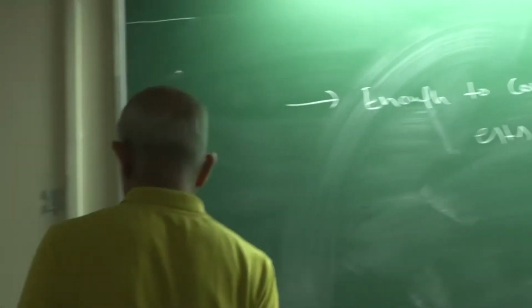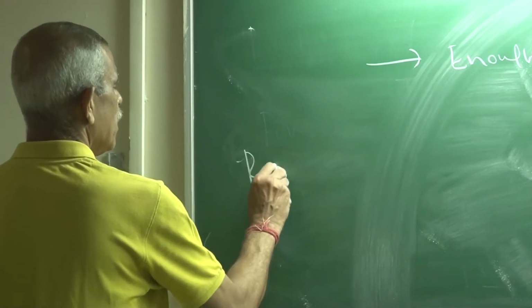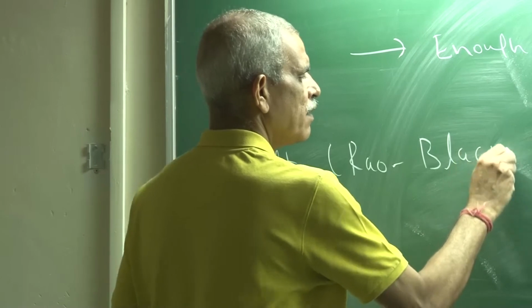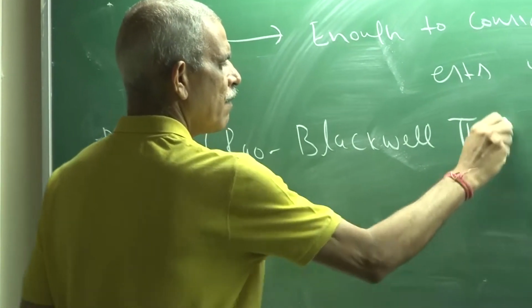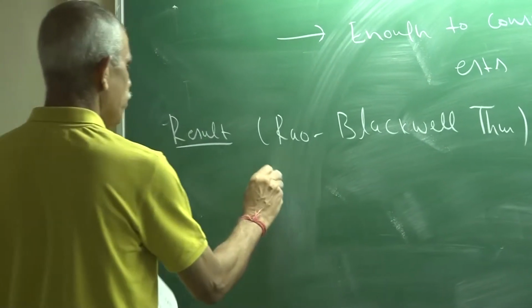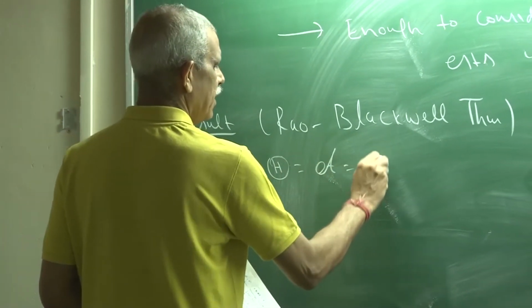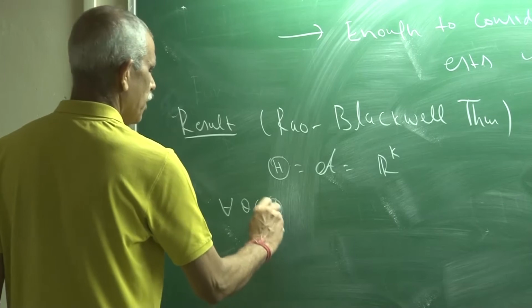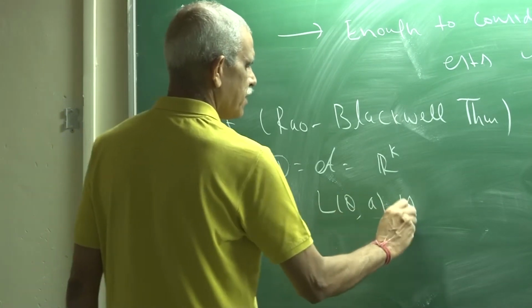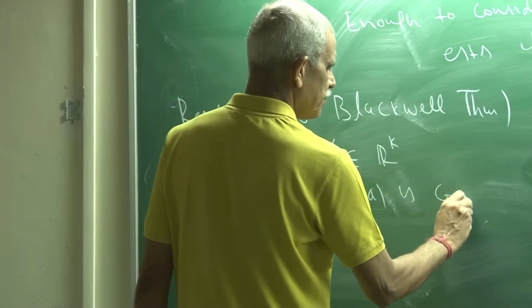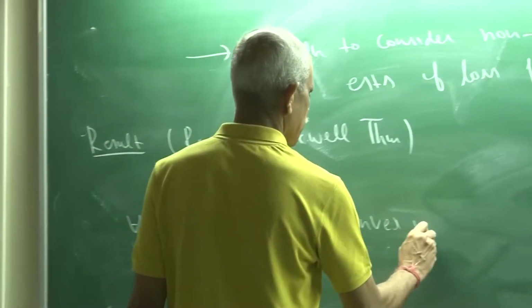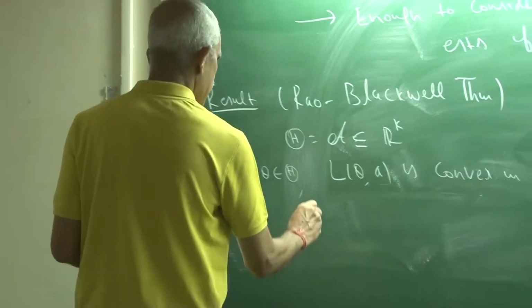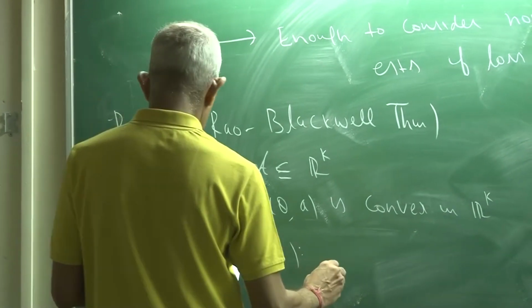Now, finally, let me just do the Rao-Blackwell theorem, which you again did in your last course. So suppose theta is the same as A is the same as Rk. For every theta belonging to capital Theta, L theta A is convex. Tx is sufficient.